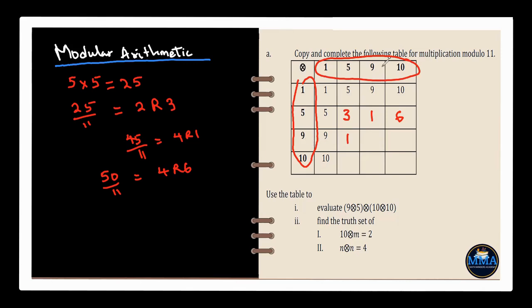9 times 9, 81. Whereas 11 can go in 77. So it can go 7 times in 77. So in 81, we are going to have a remainder of 4.